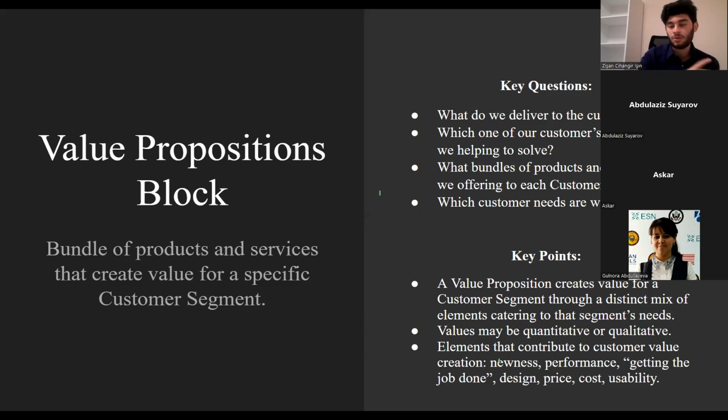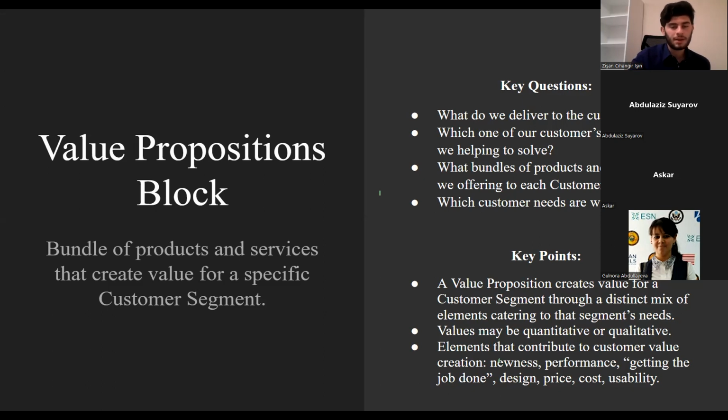The elements that contribute to customer value creation, like the value proposition, are that you should have some things that you lean on while deciding on the value you serve. It's better if the value you serve is new. It's better if it is valuable through the performance it makes.